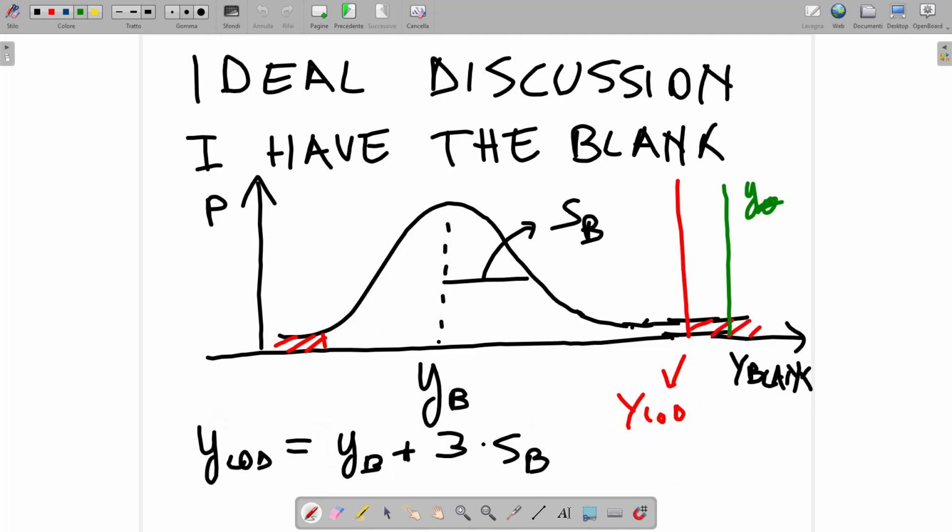So, if my unknown has a signal higher than the limit of detection, I state that the analyte is significantly present. There is the analyte. Okay?